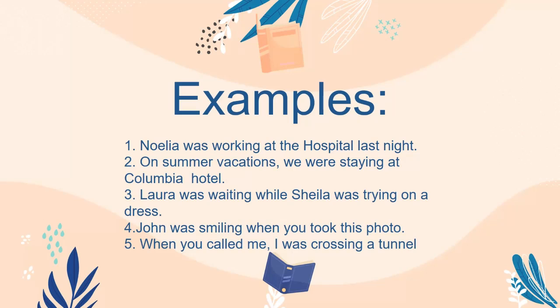Laura was waiting while Sheila was trying on a dress. These are two actions that were in progress at the same time in the past. John was smiling when you took this photo. The first action was in progress when the second interrupted it.